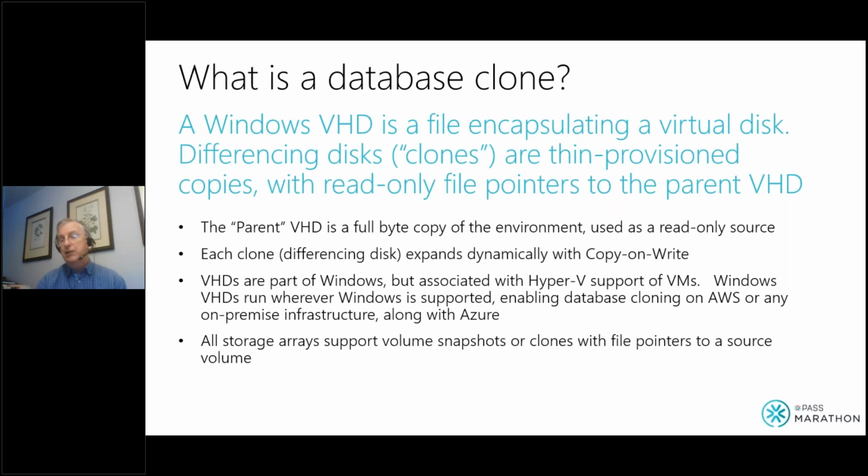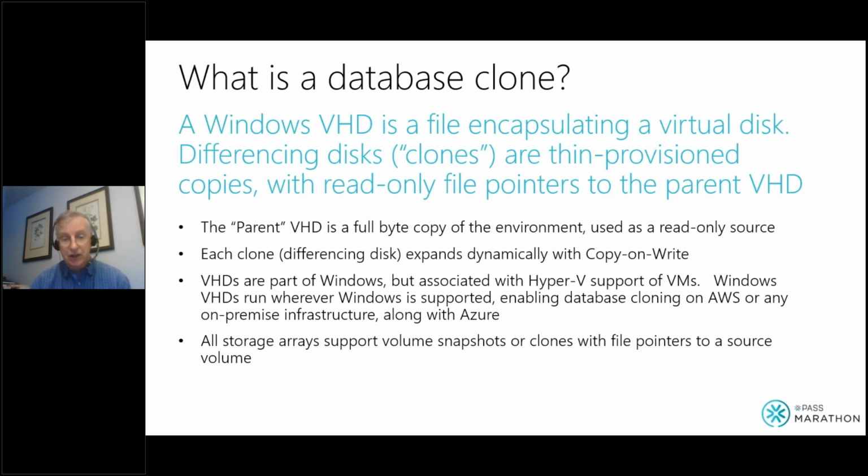That parent VHD becomes a read-only source for differencing disks, which are the clones. The clones support full read and write, but they expand dynamically with a copy on write design. The clones are delivered very quickly. They occupy less than 40 megabytes of storage on delivery, and they're ideal for most development and test purposes.